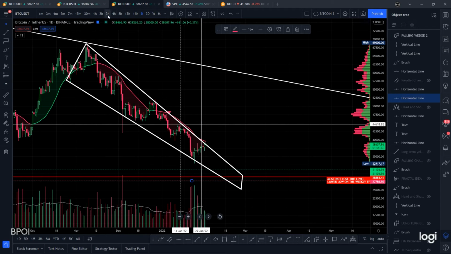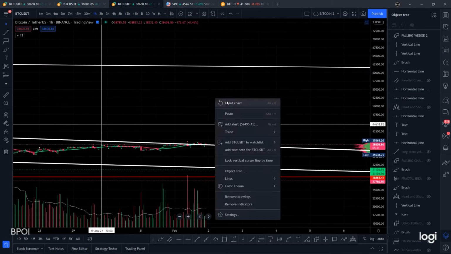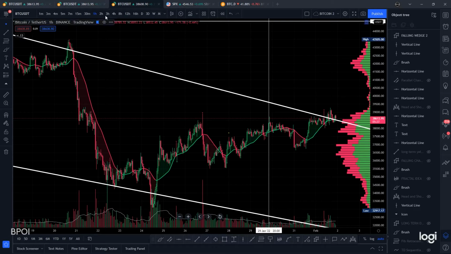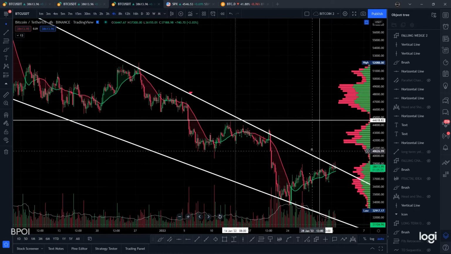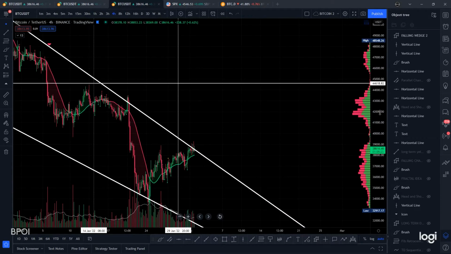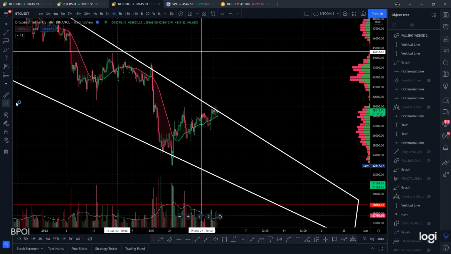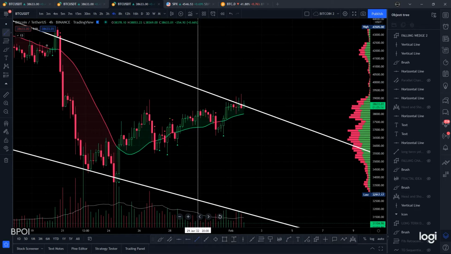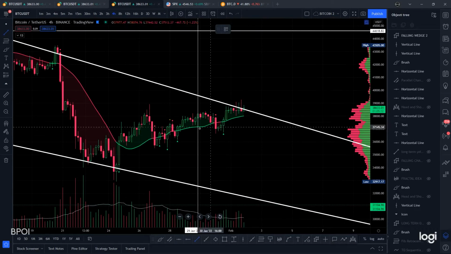Okay, so we're just going to drill down to the 1 hour chart, because we just need to draw in some trend lines. Let me go to the 4 hour. Okay, so I'm just going to get my trend line tool.